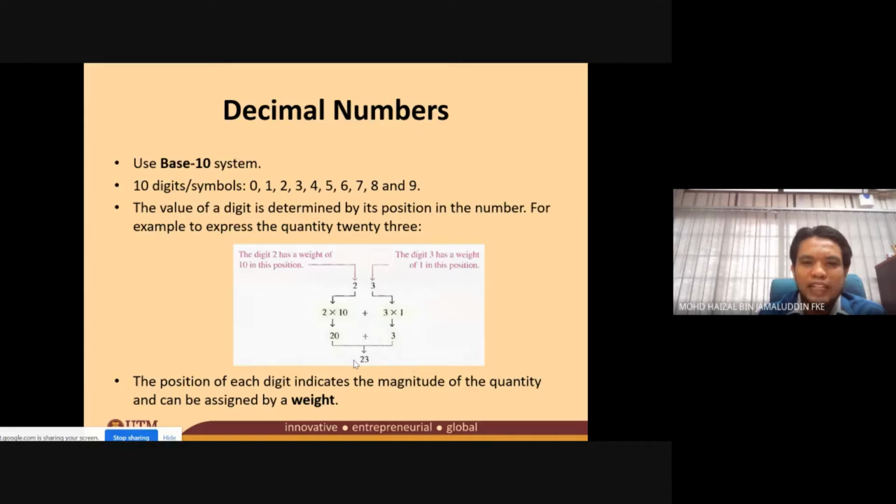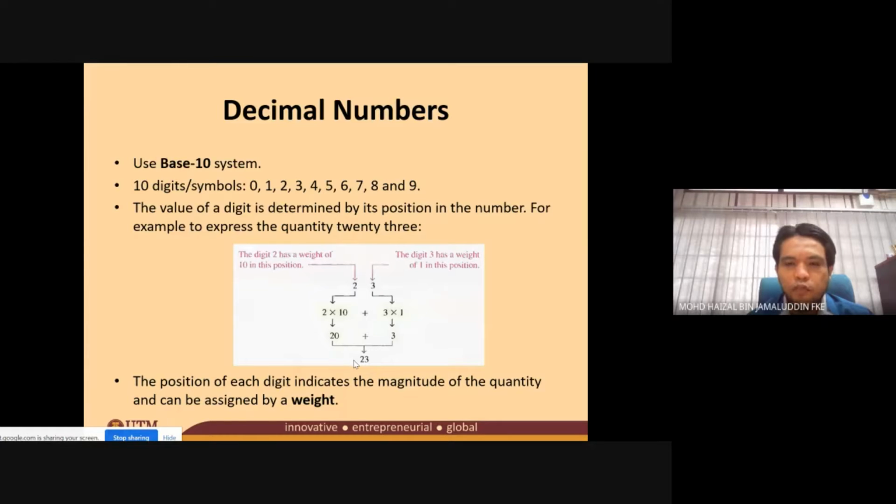The value of a digit is determined by its position in the number. For example, to express the quantity 23, you have what we call the weight.